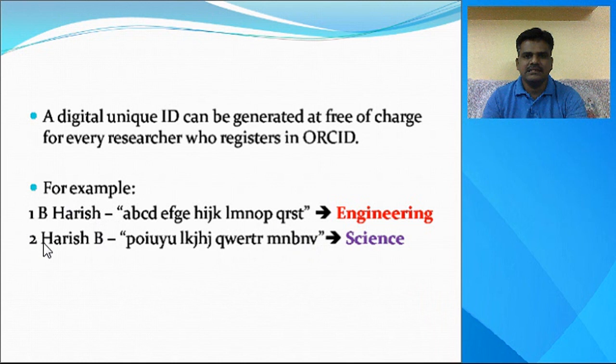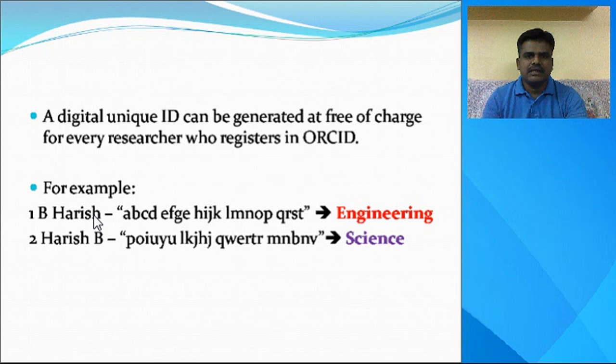If you observe the two authors, the names are almost the same: Harish here and Harish here also. So there might be a problem in the indexing or in certain databases while calculating the h-index, or while revealing the author's details.